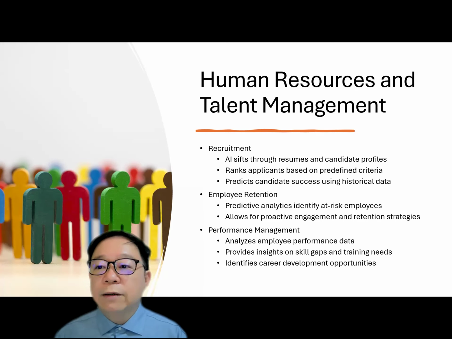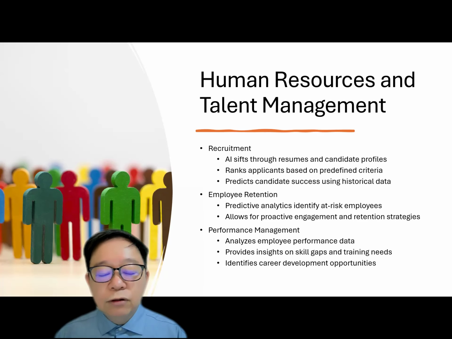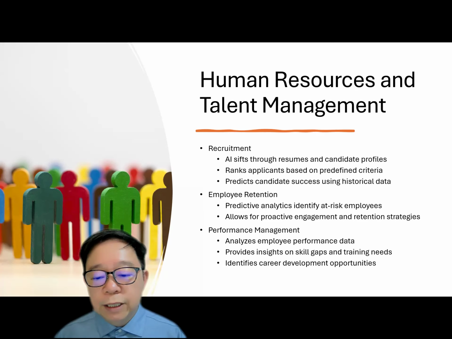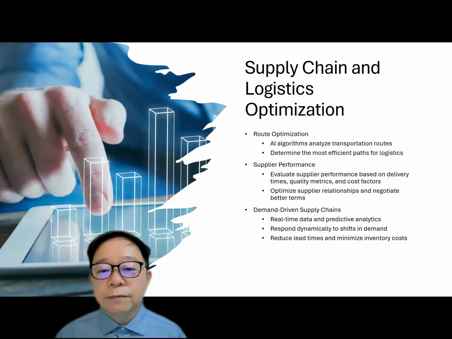Then, of course, at the end of the day, we know that the company's profit must be shared properly and fairly. So you use AI to analyze employee performance, then look at the insight, and using AI you can propose career development. So a lot of companies are now developing AI-driven HR systems.